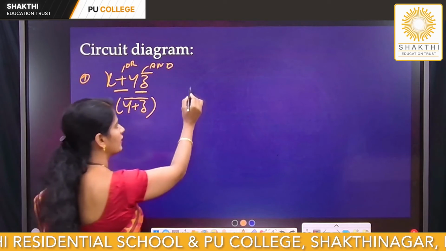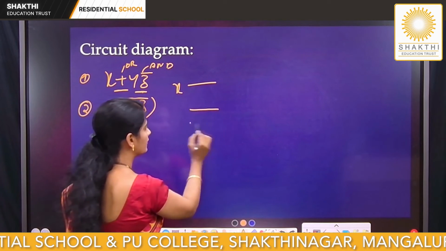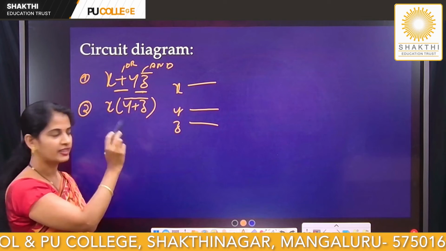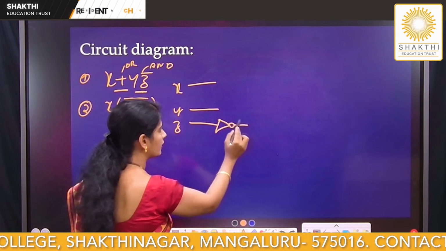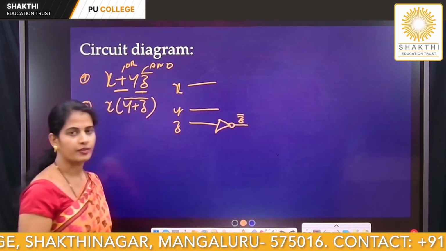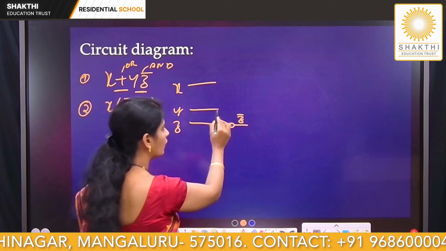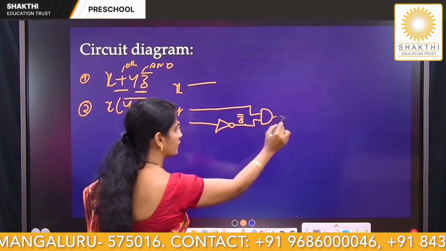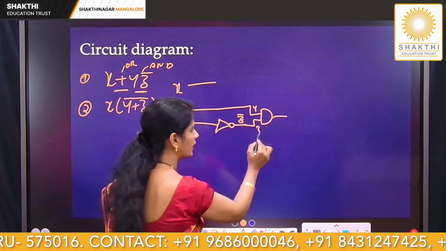You can start with X, and for Y we have Y, Z. So we have 3 inputs, and Z here is Z bar, so you need a NOT gate to get Z bar. Then you can see the AND operation, so you have to use an AND gate. The output produced will be Y, Z bar.